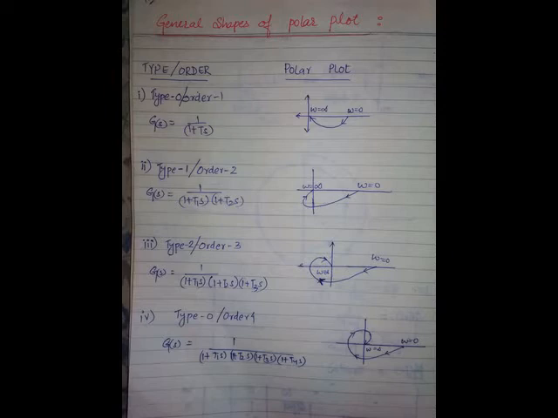Type 0, order 4, with T1s, T2s, T3s, and T4s.